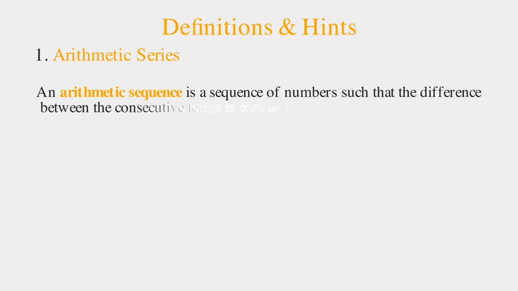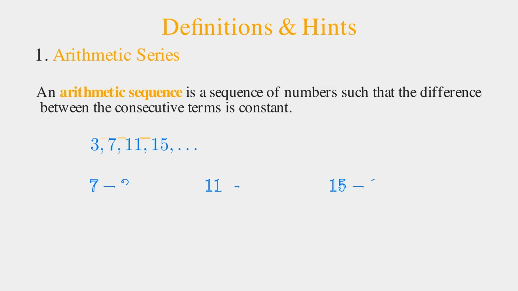Now, let's break it down. Before we start with the problem, let's lay down the foundational concepts. First, what exactly is an arithmetic series? Well, it starts with an arithmetic sequence, which is a sequence of numbers where the difference between any two consecutive terms is constant. For example, consider the sequence 3, 7, 11, 15, and so on.